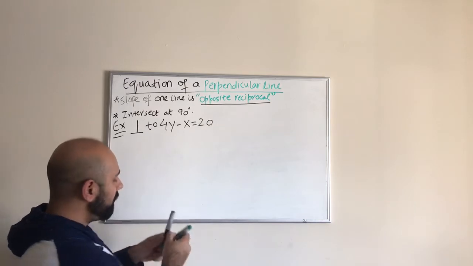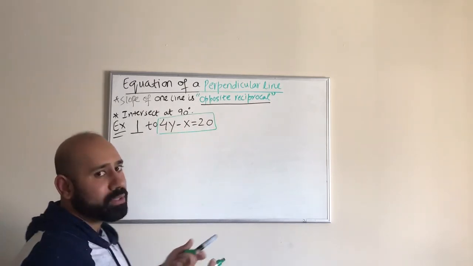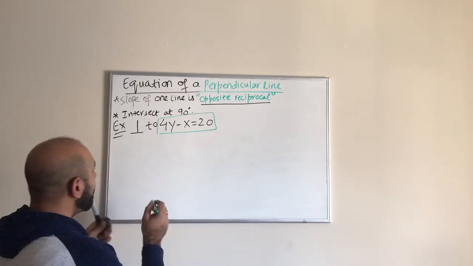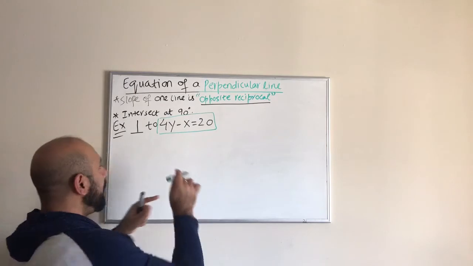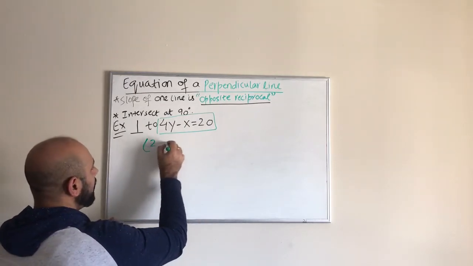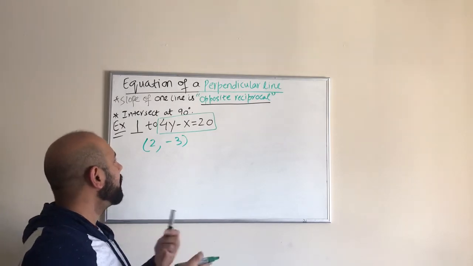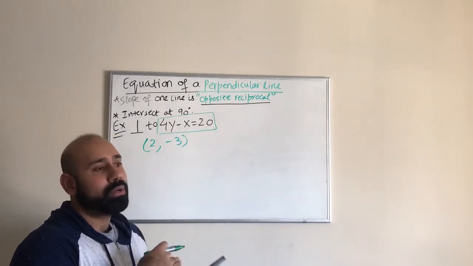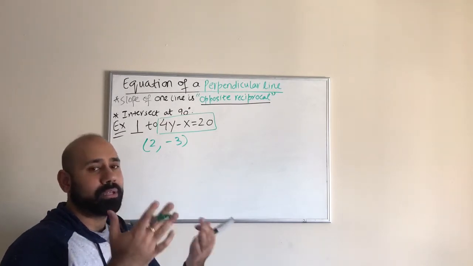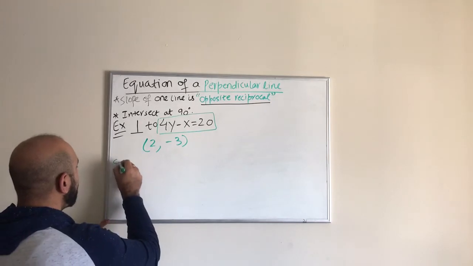That's what we used in the previous case, so I decided to stay with the same thing. We want to write this new equation perpendicular to this line, and it passes through the same point, (2, -3). I'm not going to draw the whole visualization, but you can go ahead and draw it, and you will see that instead of drawing parallel lines, you're drawing lines that are perpendicular. Okay, so let us look at the solution steps.